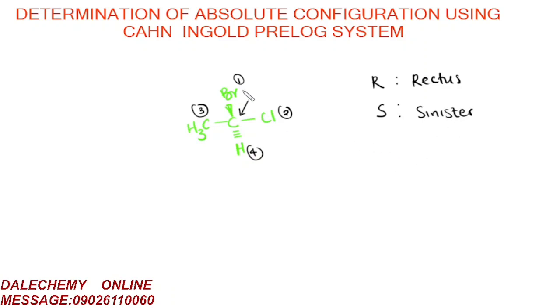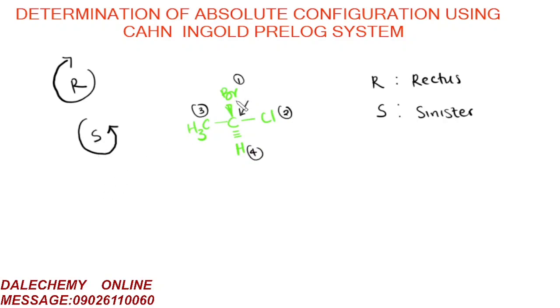Okay, so when you draw the arrow from the highest priority to the second to the third, from the first to the last, basically, and that arrow points in the clockwise direction, then that configuration will be R. But when it points in an anti-clockwise direction, that configuration will be S.